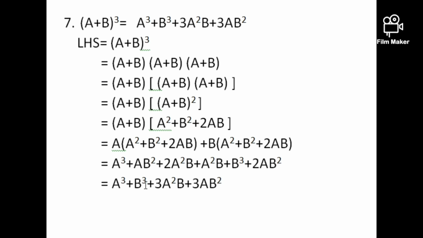Here is also a cube plus b cube plus 3a square b plus 3ab square. That means LHS is equal to RHS. Proved. It is very easy, you can try it. Then I will show the next formula.